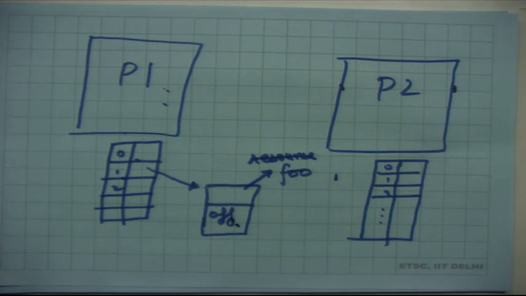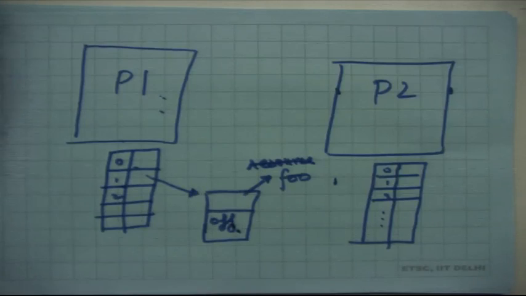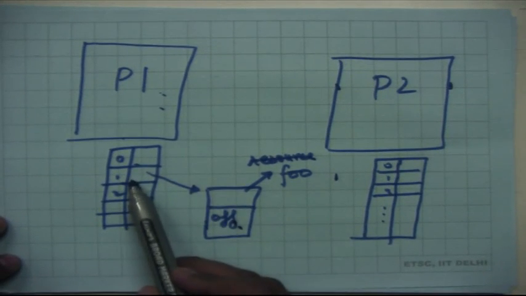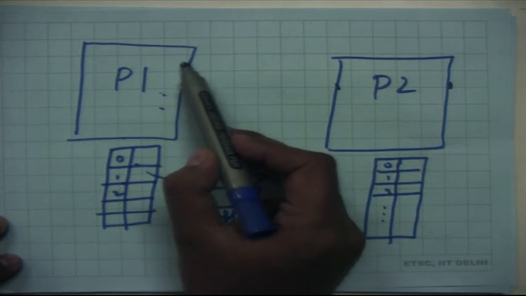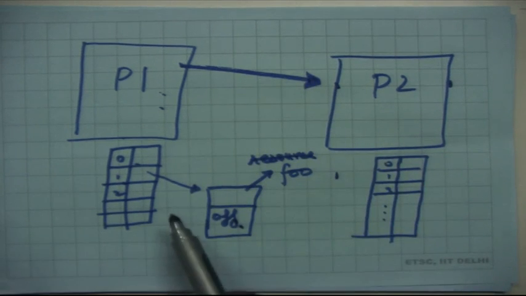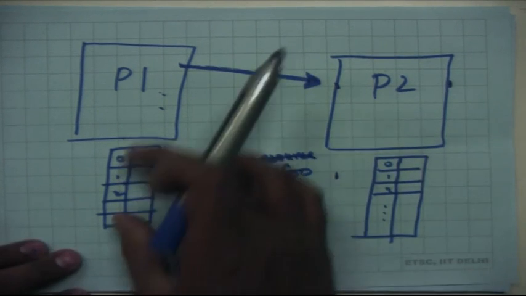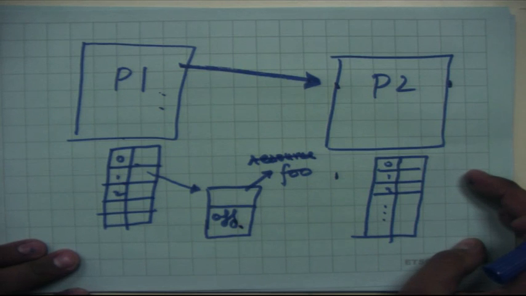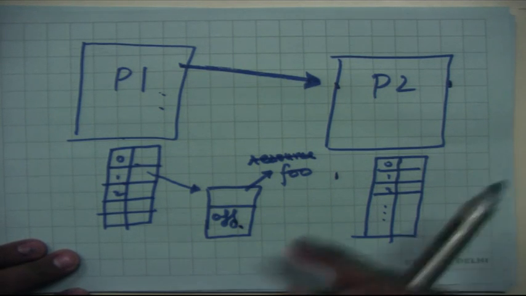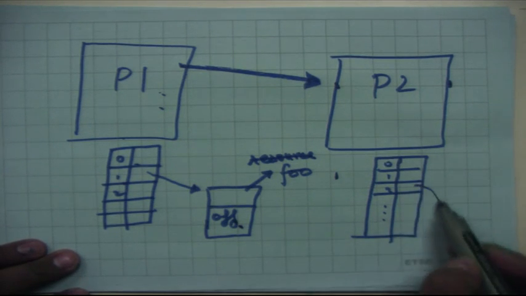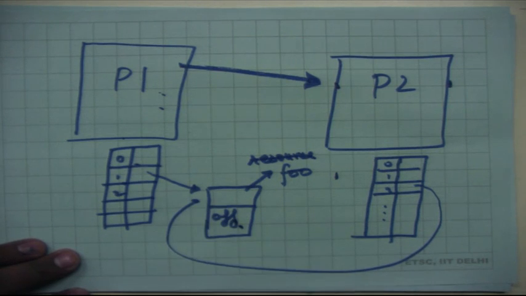Now one thing I wanted to point out is, when a process P1 forks a process, let's say fork P2, then the file descriptor table gets copied, and these pointers are shared. Right?